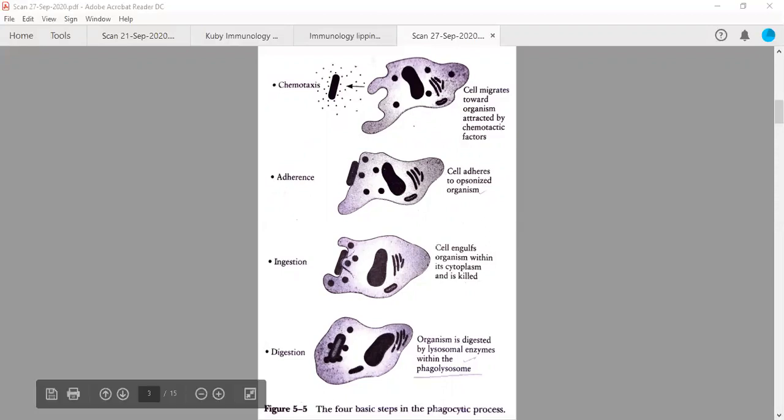So I'm trying to share one more window, so if I can. Okay, so I'm showing you one more diagram. Wait a minute. Okay, this one.